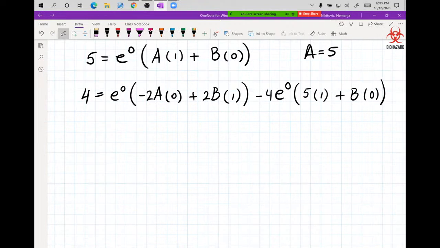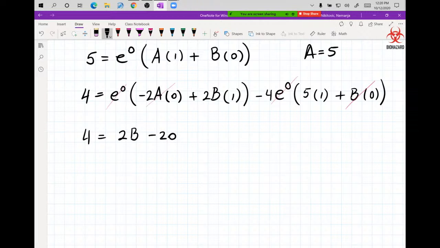Clean up the mess. And what do we get? We don't have to worry about these terms. So what do we worry about? Well, we worry about 2b minus 20.